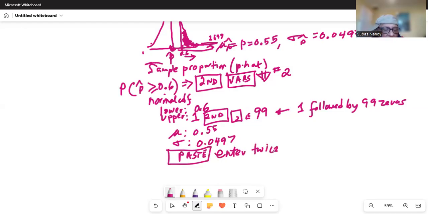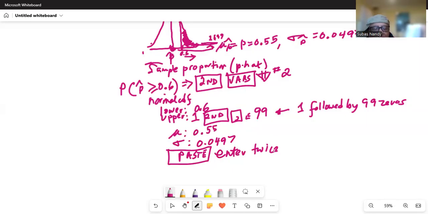Okay, so second, then the DISTR button on the third row, then number 2, which gives me the normal CDF. My lower, I'm starting my calculations from 0.6. My upper is 1E99. My mean is 0.55, the population proportion.